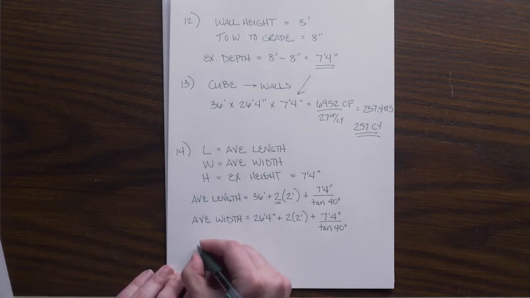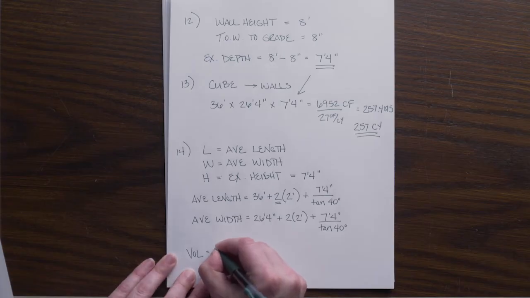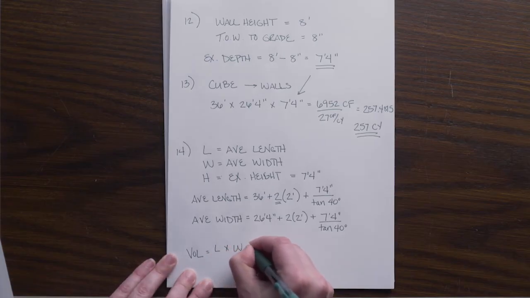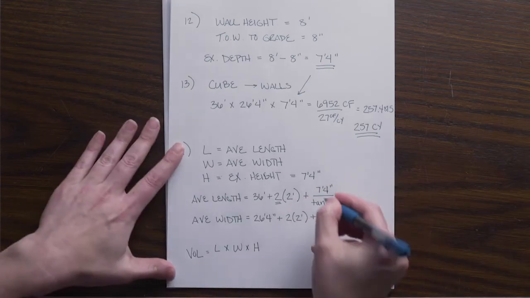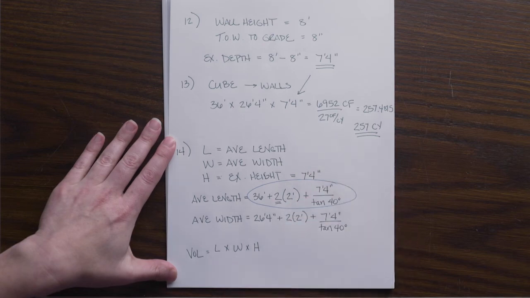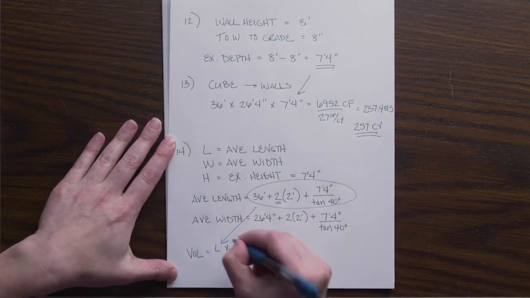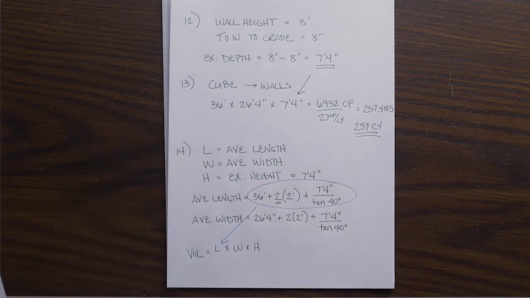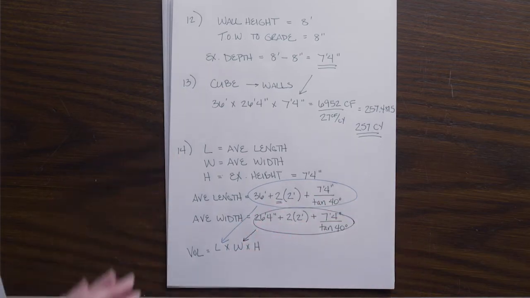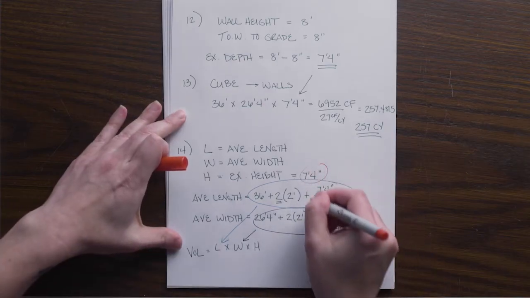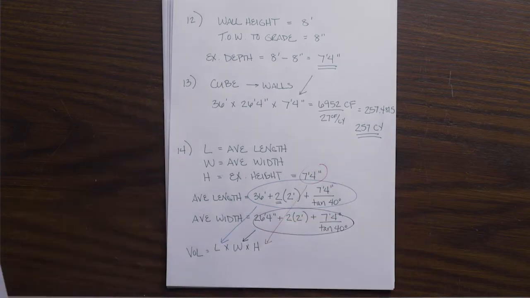If we then calculate our volume, it is our length times width times height. Plug these numbers in. So what that means is calculate all of this, plug it into our length, calculate your average width, plug it in for your width, and then just bring down your 7'4" for your height.